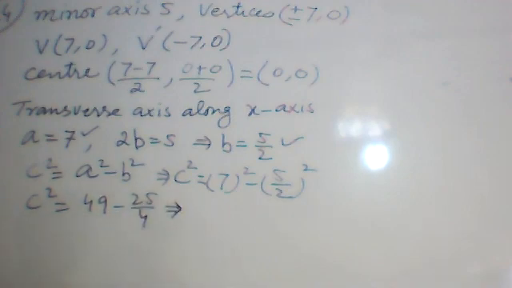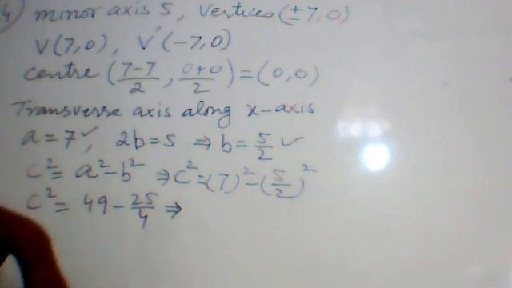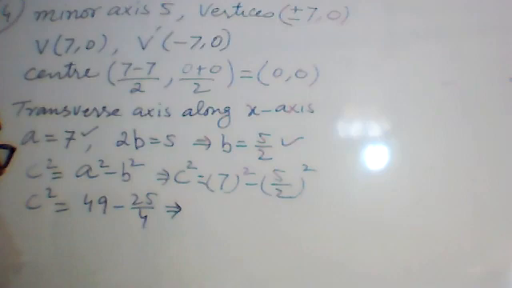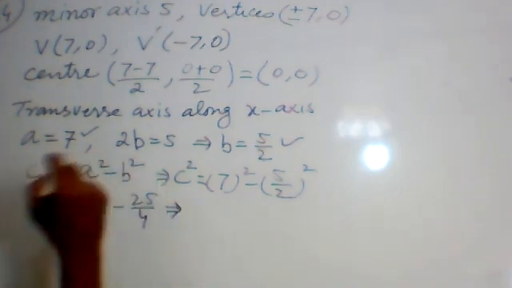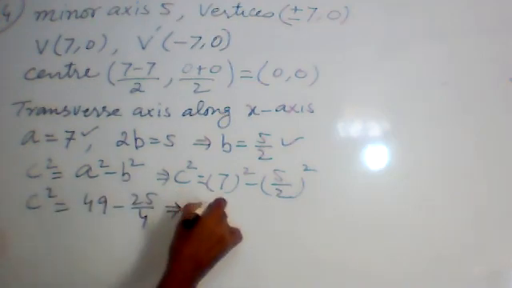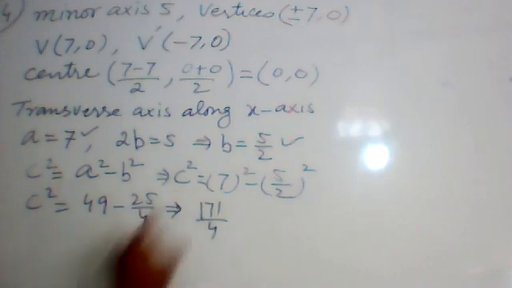That is 196 minus 25, which is 171, upon 4.